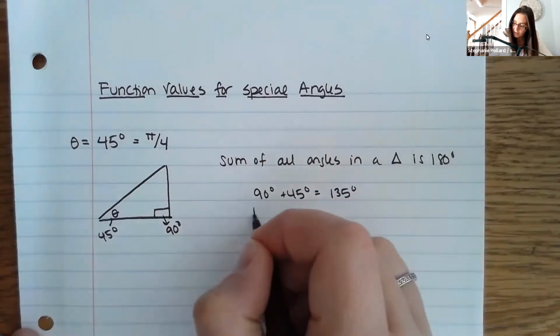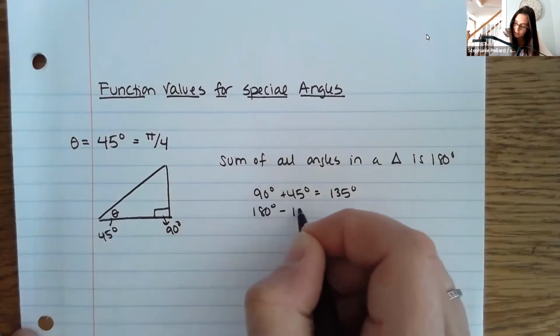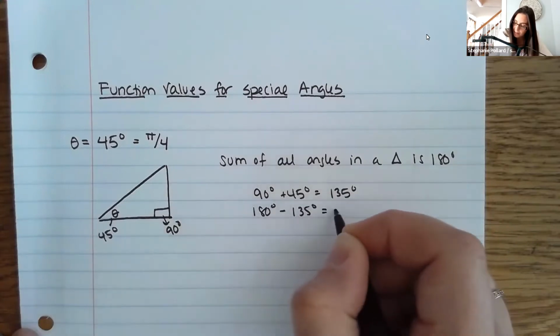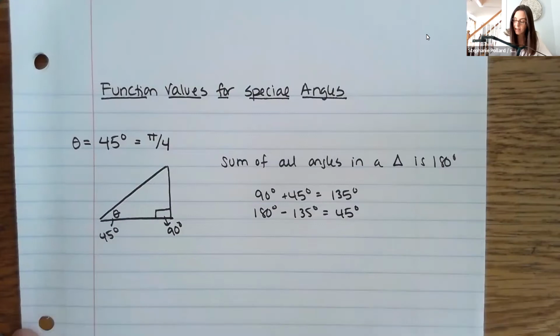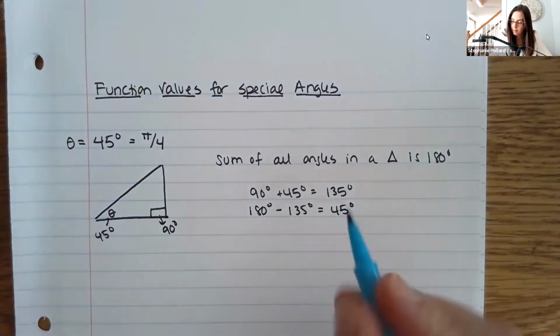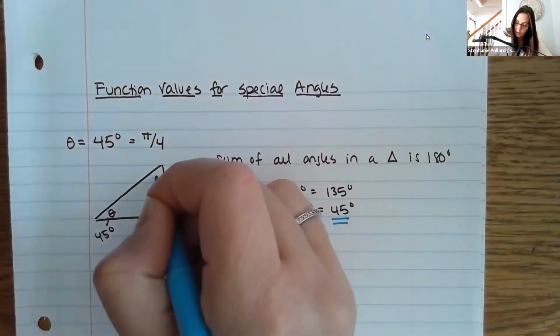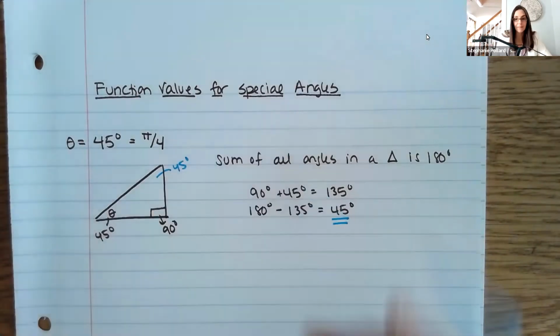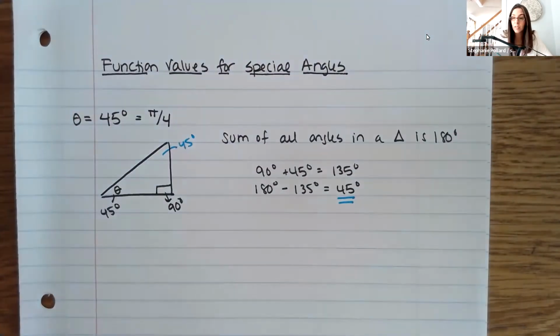If I take 180 and subtract 135, I get my missing angle, and we see that this other angle must also be 45 degrees. It just works out mathematically, it has to add to 180. So the other angle would also have to be 45 degrees.